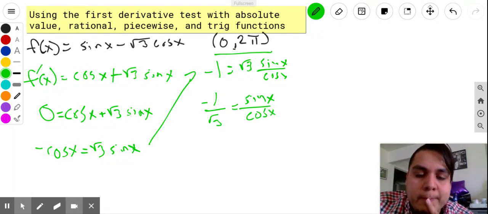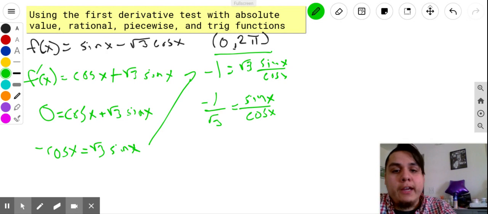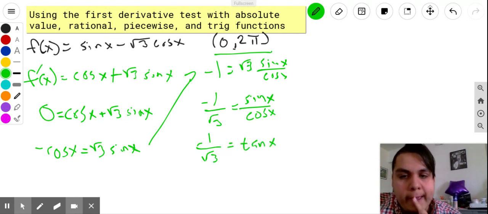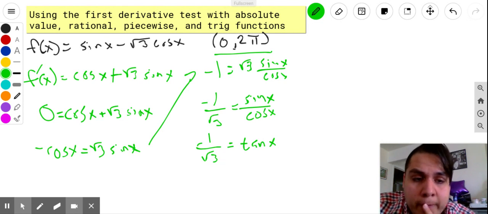So that must mean that I'm looking at wherever tangent would equal a negative 1 divided by radical 3.